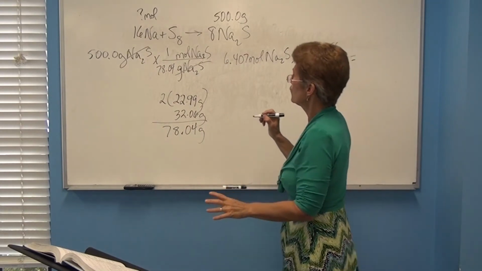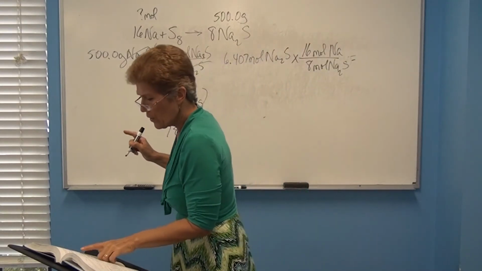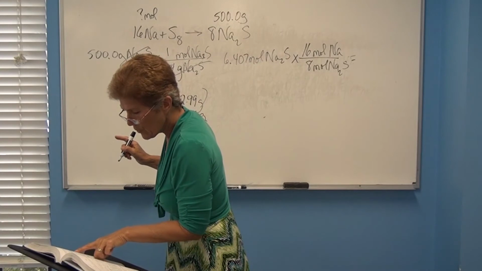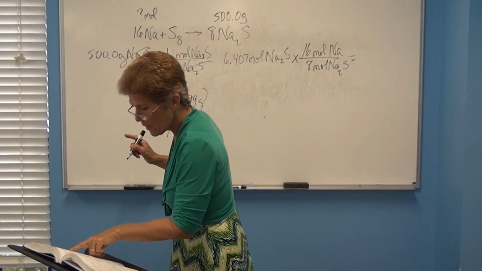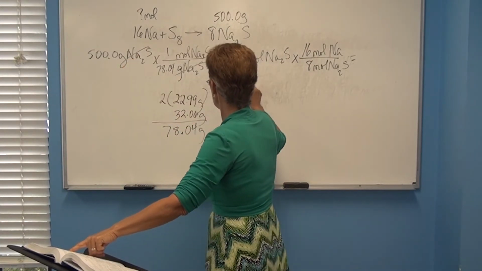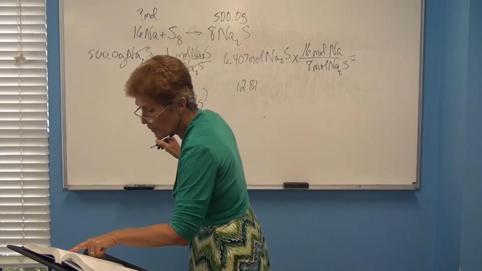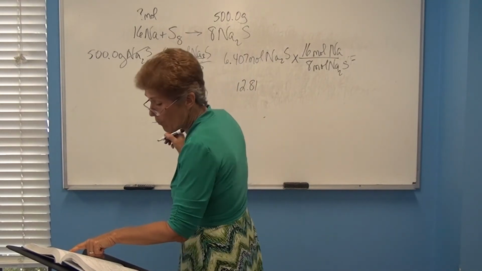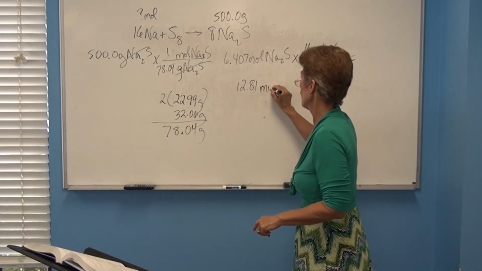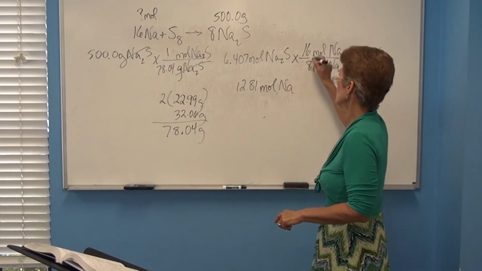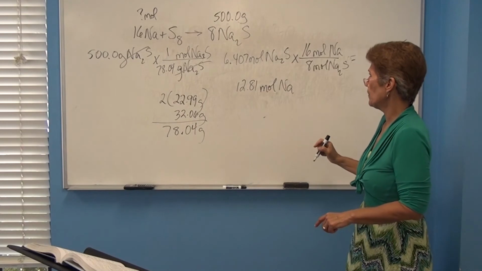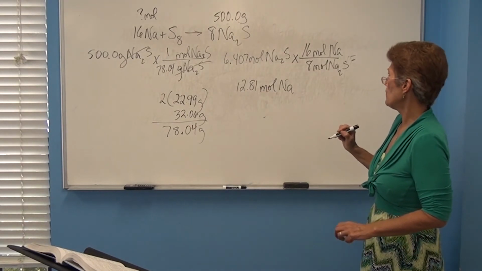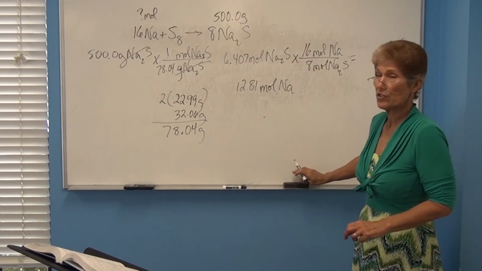We have 4 significant figures, and so that's going to be 12.81. Oh yeah, because it's times 2. 12.81 moles of sodium. Yeah, because this is really 2, so we're just multiplying that by 2. 12.81 moles of sodium. So that answered our question.